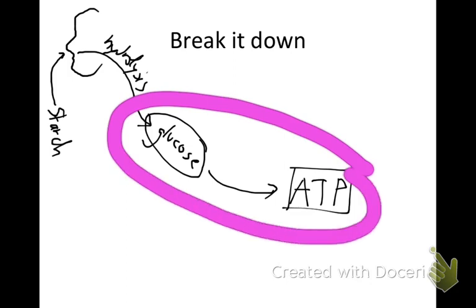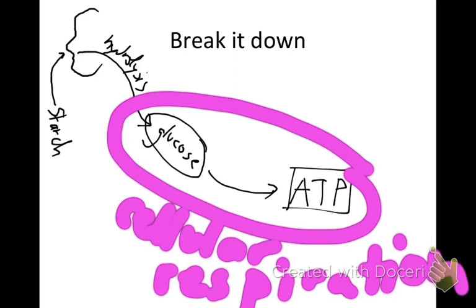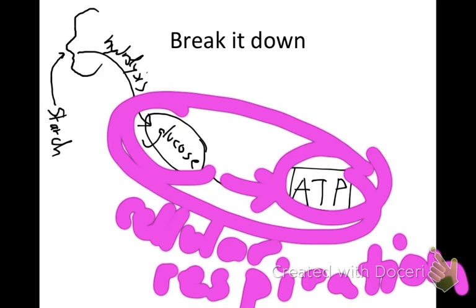This is going to be my cellular respiration, and definitely choosing this tool to write was a mistake. Going from glucose to ATP is going to be cellular respiration.